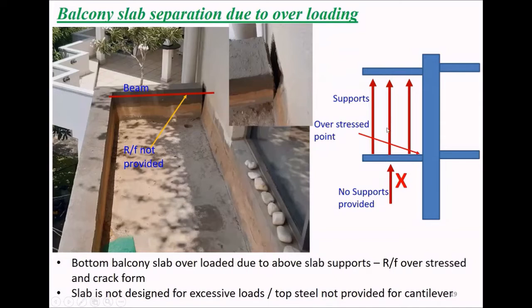Due to this excess load, there may be a chance to form a crack here, right? Many times we found this kind of thing happens. So at the construction stage, we have to be very careful. We have to provide some kind of props here to avoid this kind of failure, right?